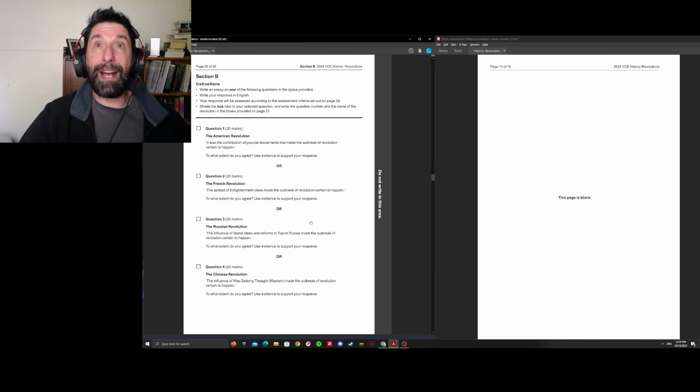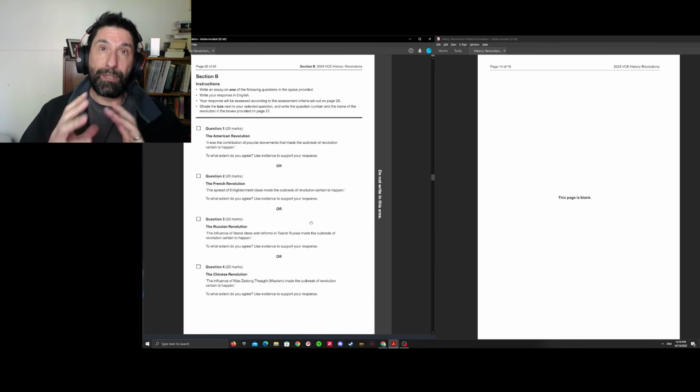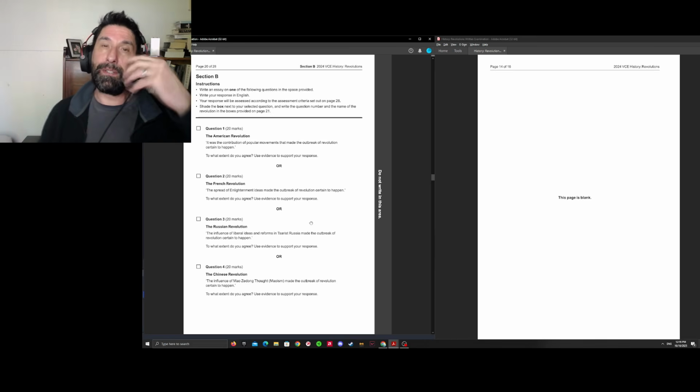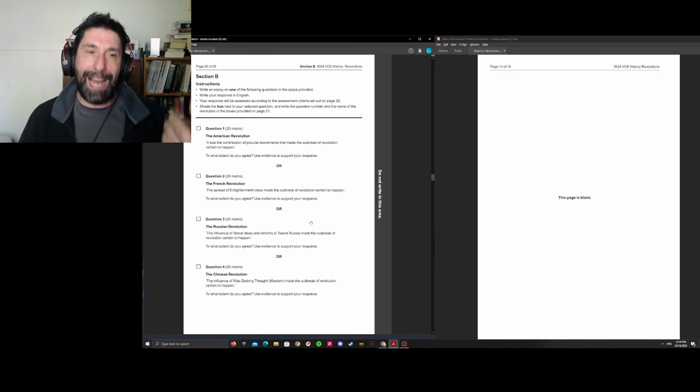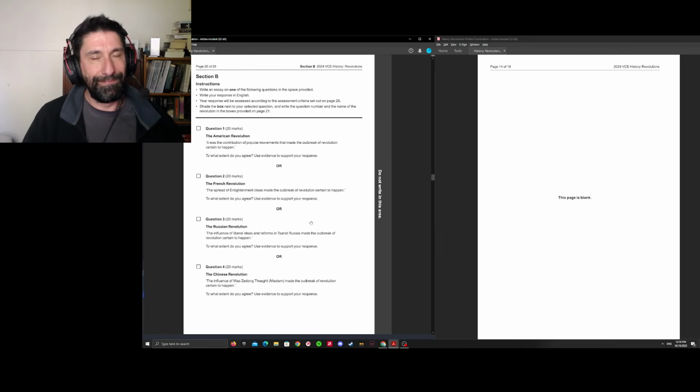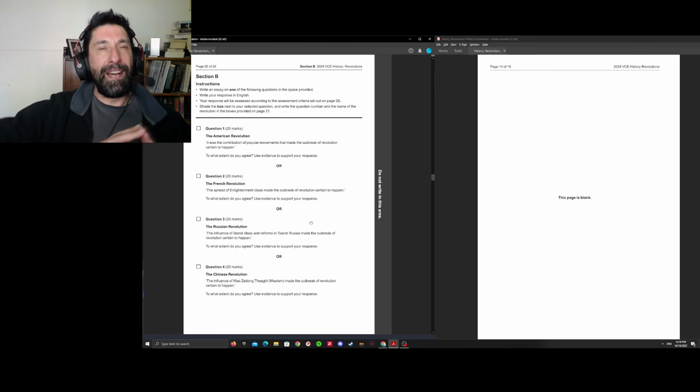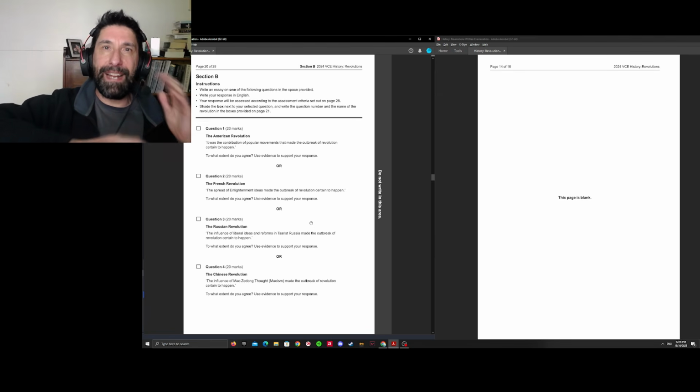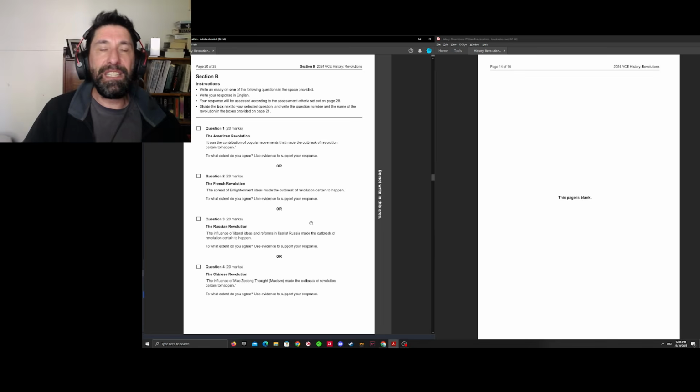If you can contrast and compare historical interpretations, have a paragraph or a couple of sentences such as: historian A states that liberal ideas were a key cause of the outbreak of revolution. However, historian B states that they weren't as significant a cause of the February 1917 revolution as the impact of World War I on Russian society.